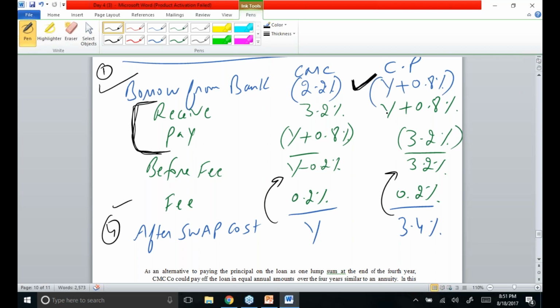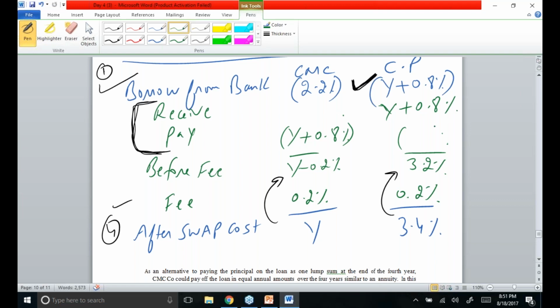So if this company is receiving yield plus 0.8%, obviously the other company must have paid that. If you have taken the assumption that the counterparty which is paying floating to its bank will receive the same floating, definitely this floating rate has been paid by CMC company.